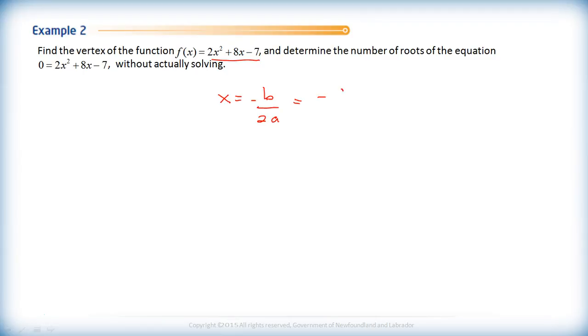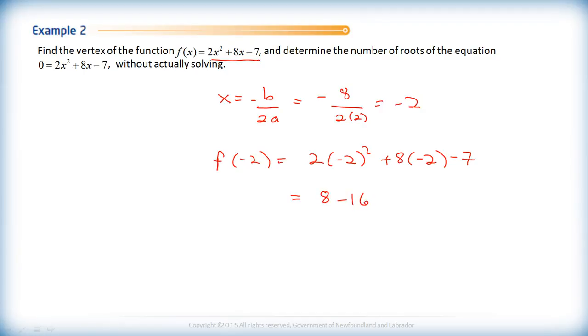So in this case, that's going to be negative 8 over 2 times 2, and that's going to be negative 2. The y coordinate will be f of negative 2, which is 2 times negative 2 squared, plus 8 times negative 2, minus 7. So that's 8 minus 16 minus 7, which is, let's see, negative 15. So we have negative 2, negative 15 for our vertex.